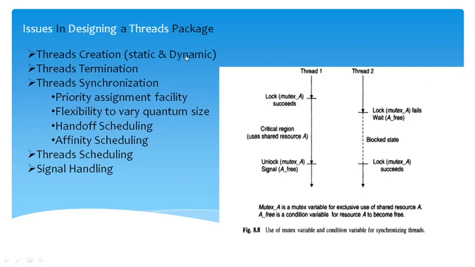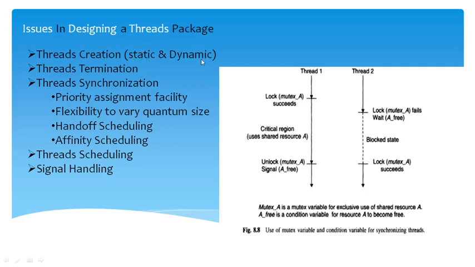While in the dynamic approach, the number of threads of a process will keep on changing dynamically. When a process is started with a single thread, new threads can be created when needed during the execution of the process. In the static approach, we decide how many threads are required for running that particular process before starting the execution, and it is fixed.